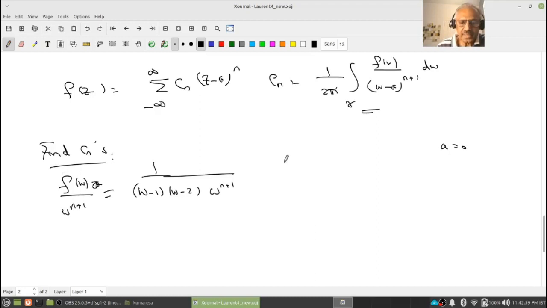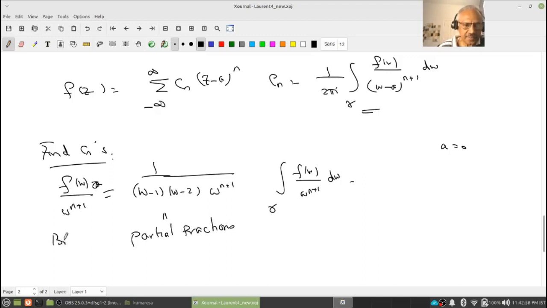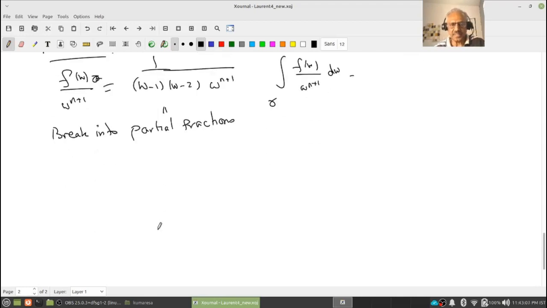I want the path integral of this. It's easier if I break this into partial fractions. Then you just find the path integrals, because path integral is linear.